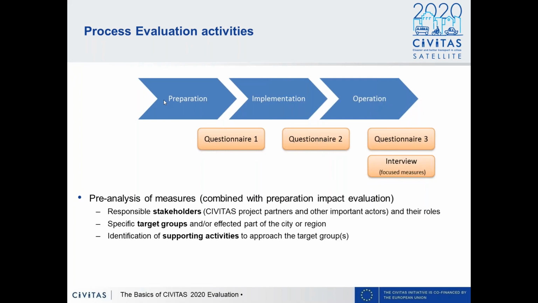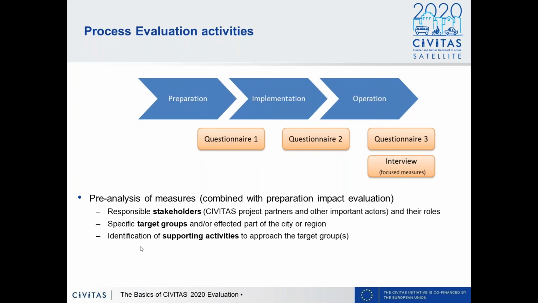We also need to understand what the real target group of our measure or measures is, or maybe the affected part of the city. Do we want to change the behavior of the commuters? Do we want to change the behavior of one company? We have to be clear on that, because otherwise we won't interpret the results of what we are doing in a good way.